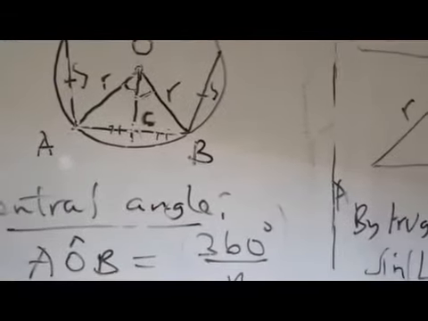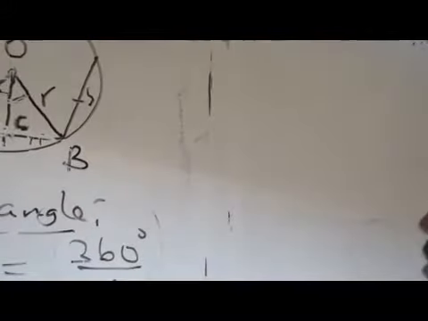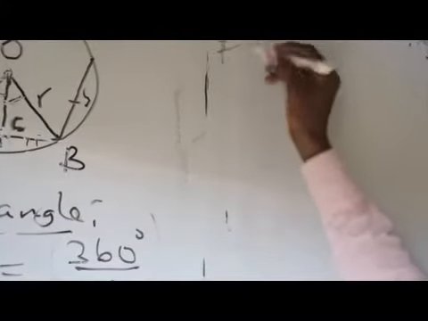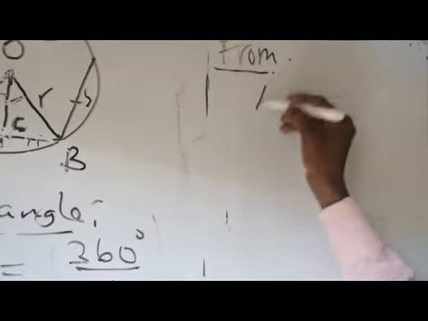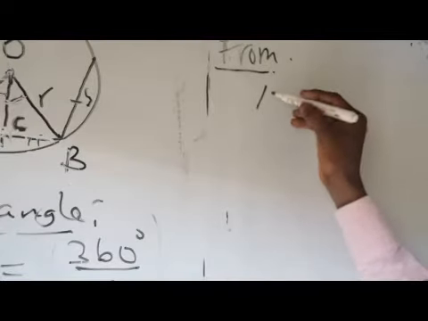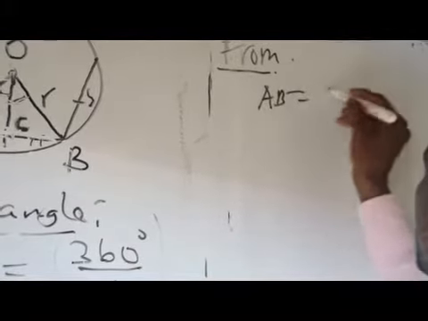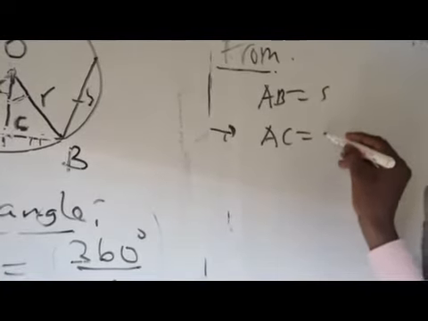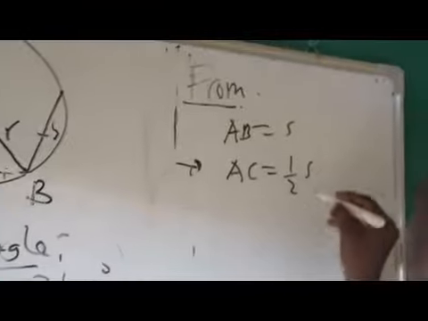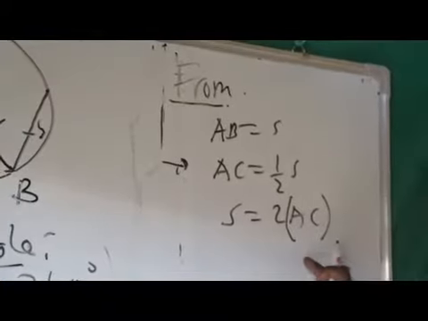Now, from AB equals S, and we've seen AC is equal to a half S, which means S is equal to twice AC. So here now you plug the value of AC.